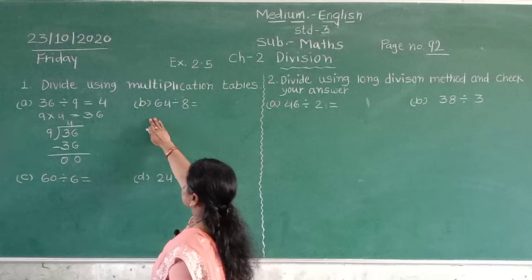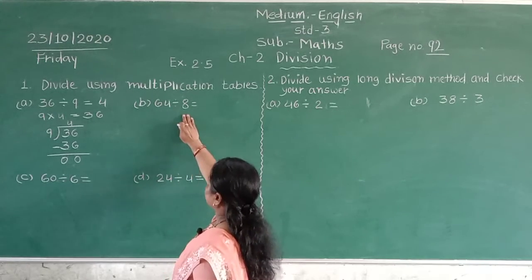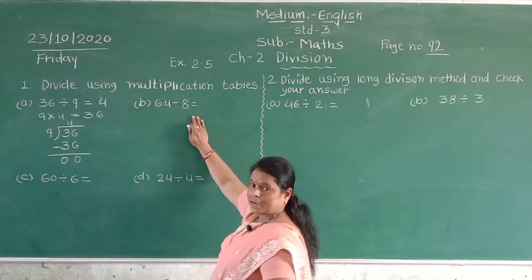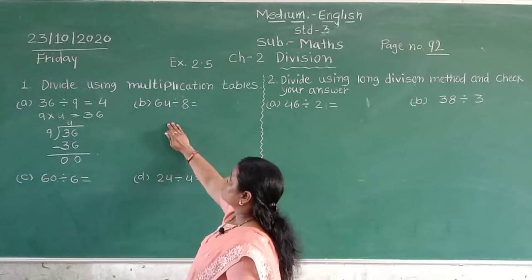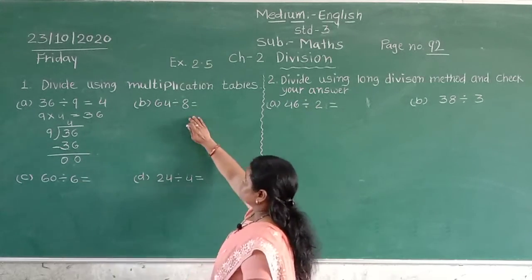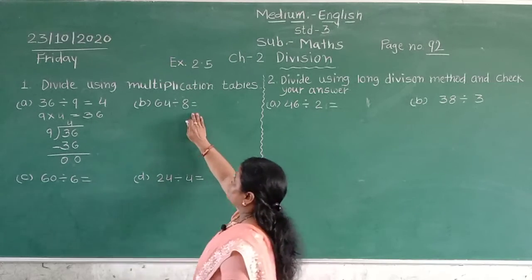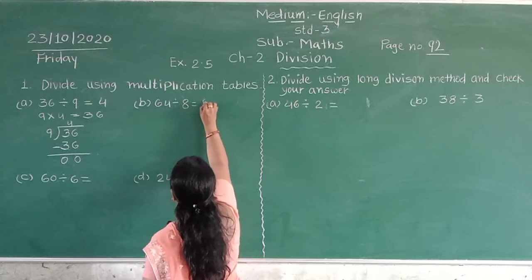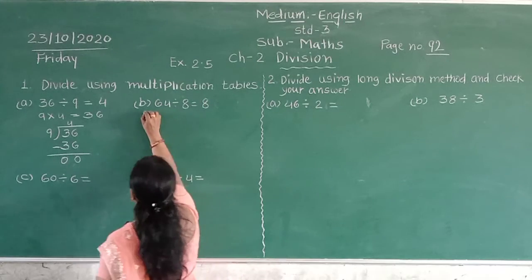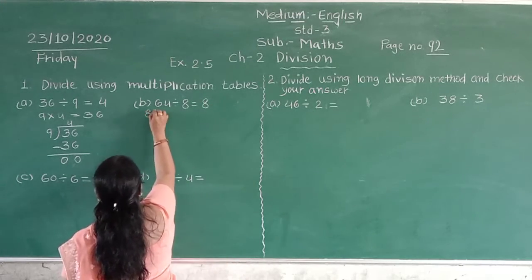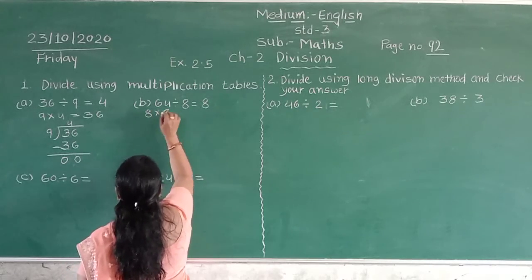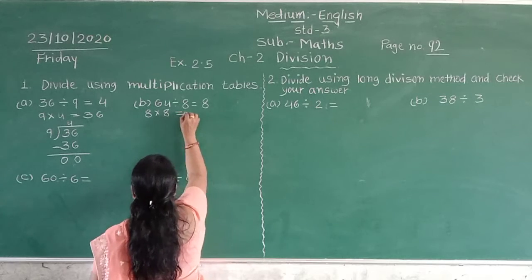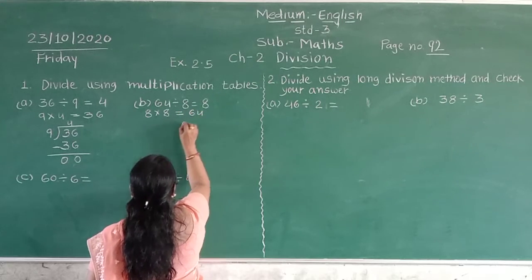Now second question, 64 divided by 8. So we say table of 8. How many times does 64 come in table of 8? 8 8s are 64. So here we write 8 multiply 8. We say table of 8, 8 times comes 64.